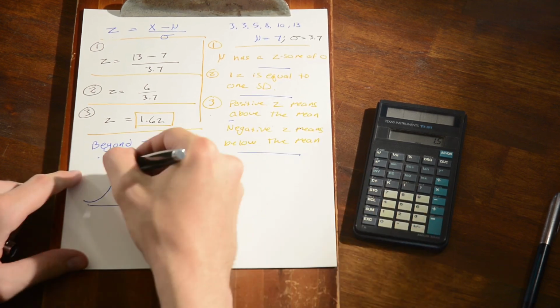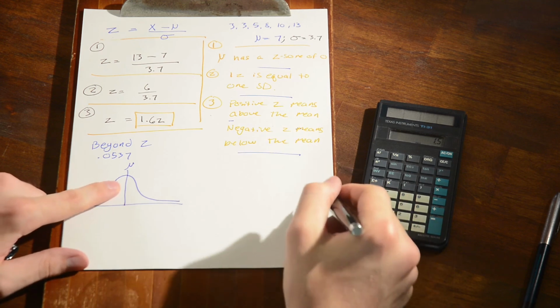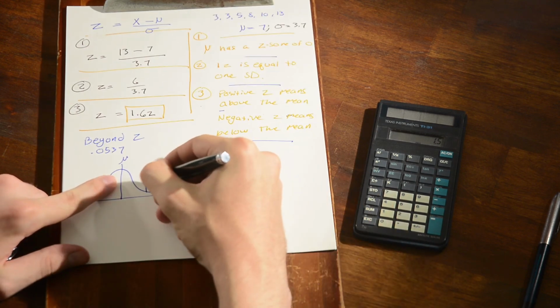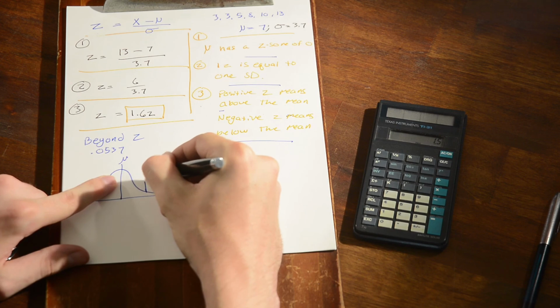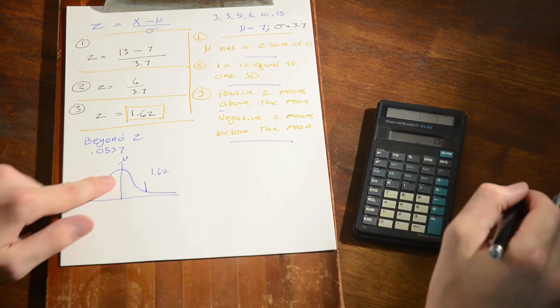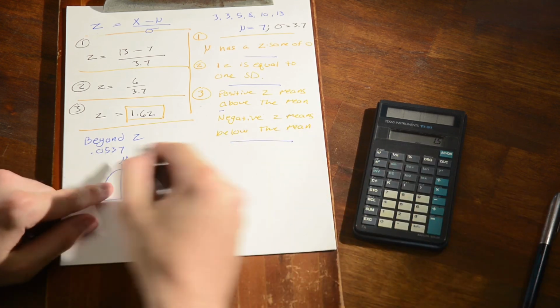And since we were looking at a positive score, maybe out here somewhere, let's put 1.62. Since we were looking at this, this measures the proportion over here.